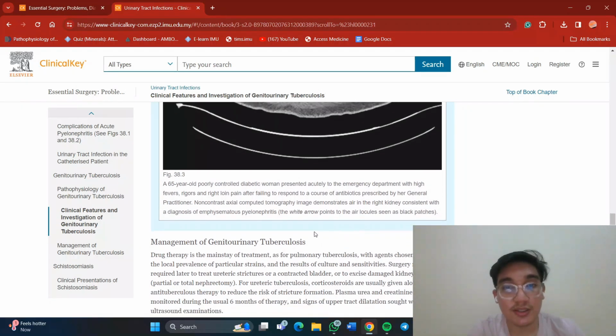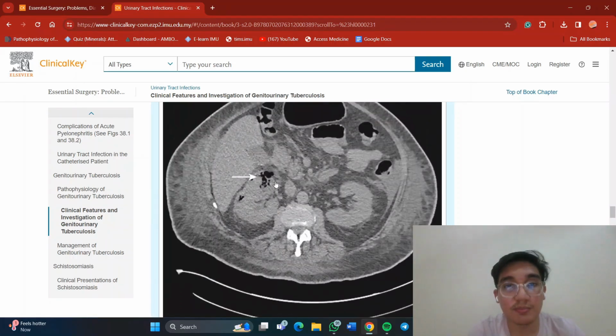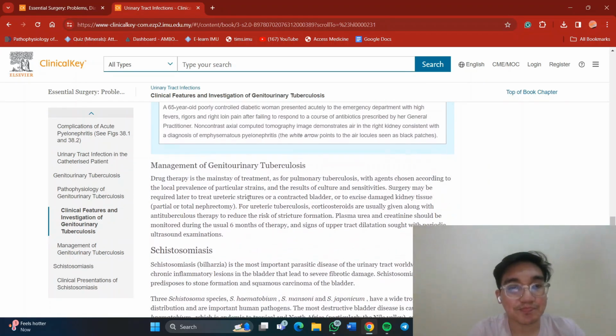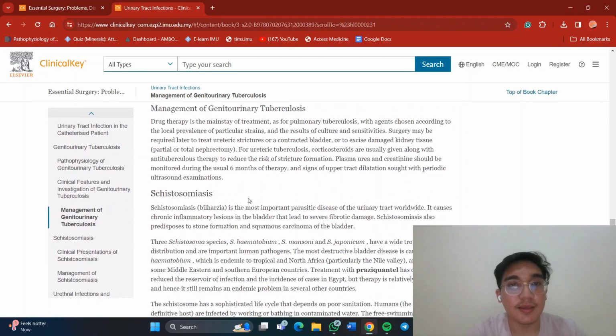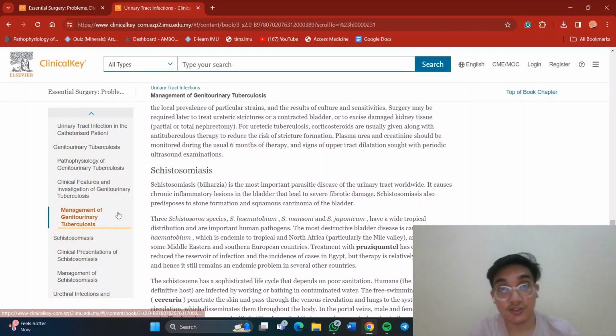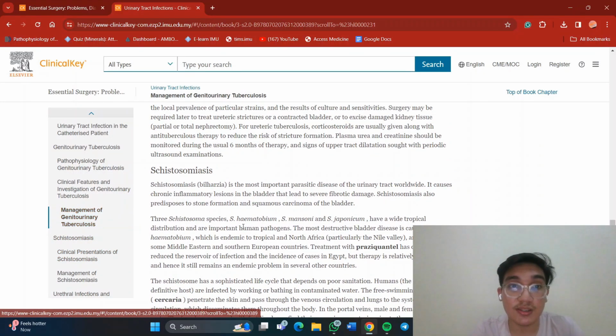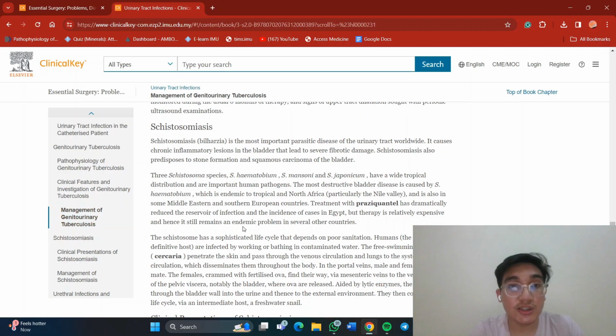For example, it says the white arrow points to the area seen as black patches, so it means here particularly. It mentions a lot of diseases, for example schistosomiasis, and just now we saw acute pyelonephritis, which I believe is really relevant in studying for our medical syllabus.